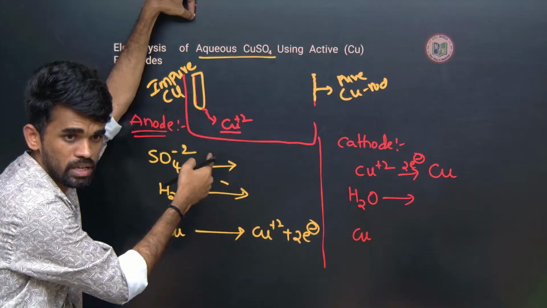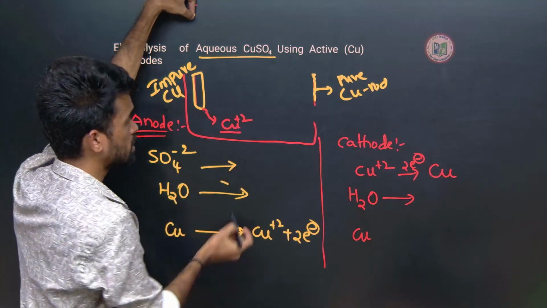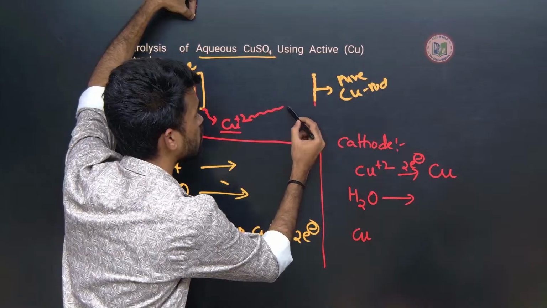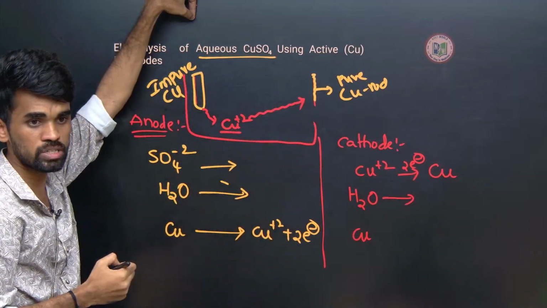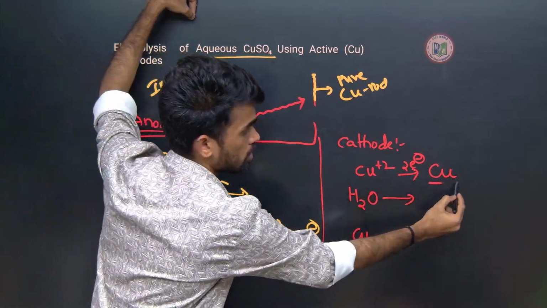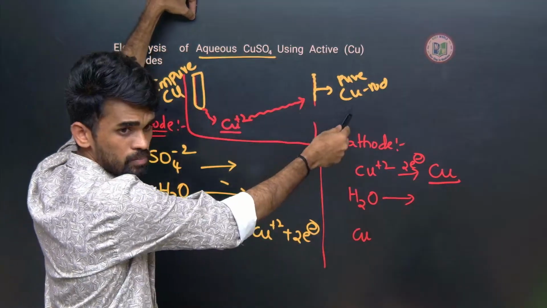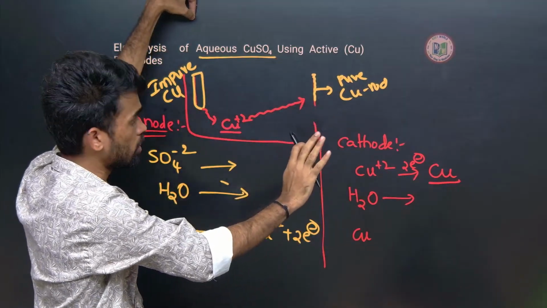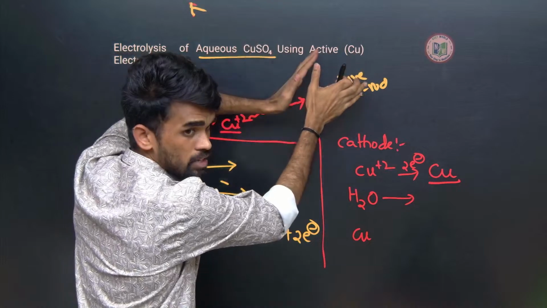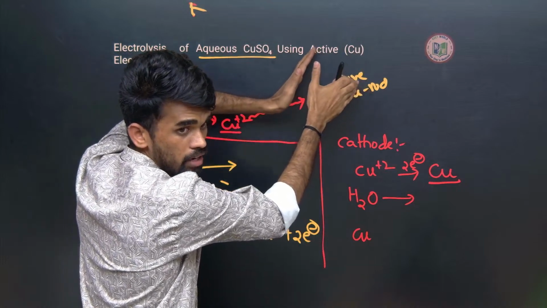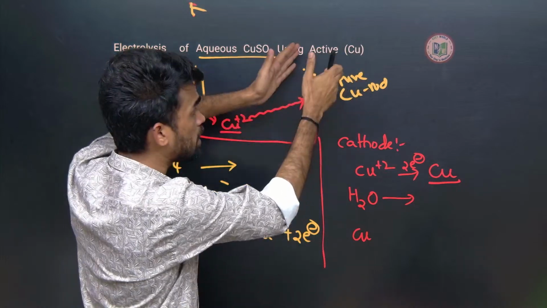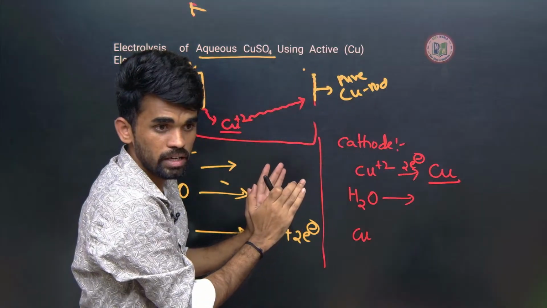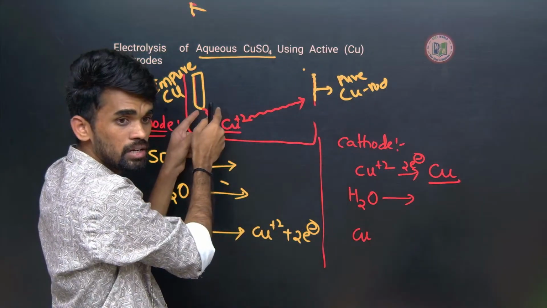It is dissolving in this electrolytic solution. These ions are moving towards where? Cathode side, and they are getting what? Reduced and forming copper metal. So this is completely going on depositing on the cathode electrode. So weight of cathode will increase, weight of anode will decrease.